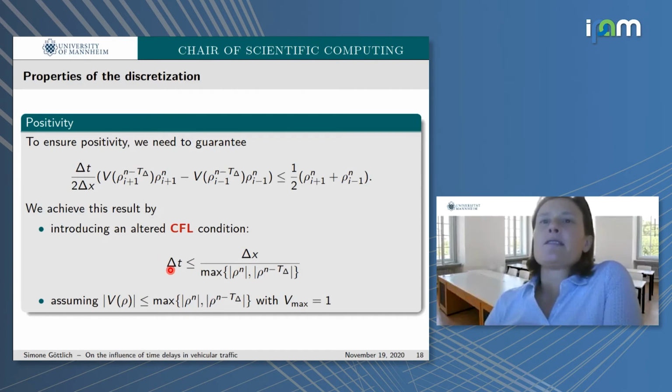This is probably not straightforward, but you see that we have to take care of the delay also in the CFL condition. And we also assume that the velocity v of rho is bounded by the maximum, which we also have to include in the CFL condition.